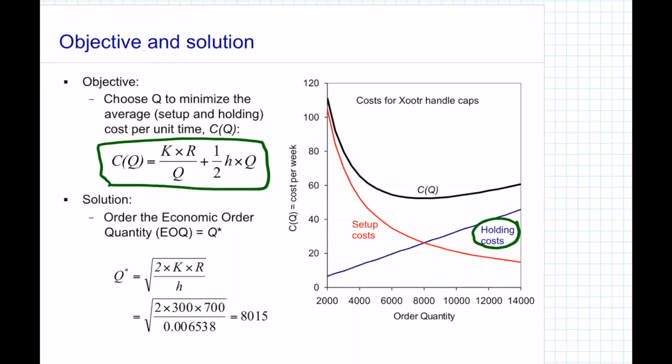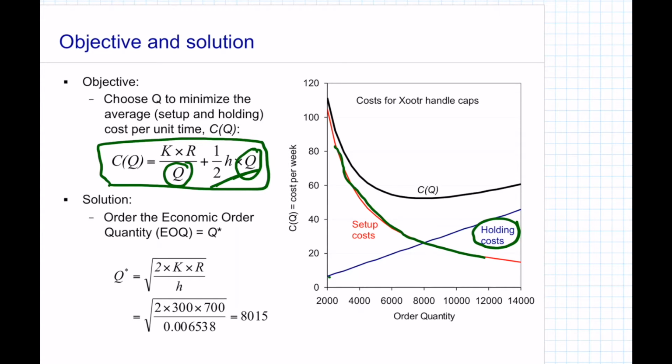And if you look at the picture, as the quantity increases, you can see the holding cost per week also goes up. But if you look at setup cost, where Q is in the denominator, when Q goes up, obviously setup cost will go down.